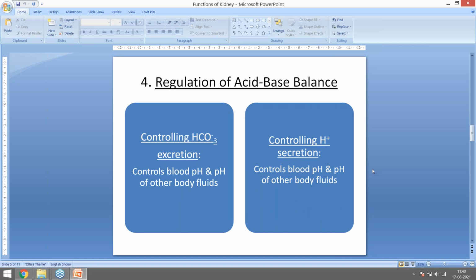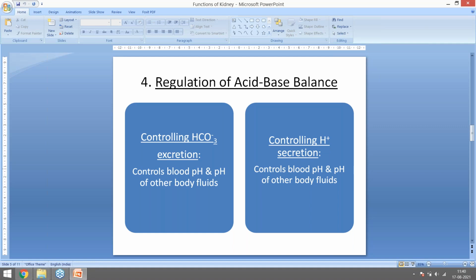Then the fourth function is regulation of acid-base balance. So again, you have an entire chapter dedicated simply to the acid-base balance of the renal system. So again, you will learn this in detail. For now, just know that this acid-base balance is done by two basic means.